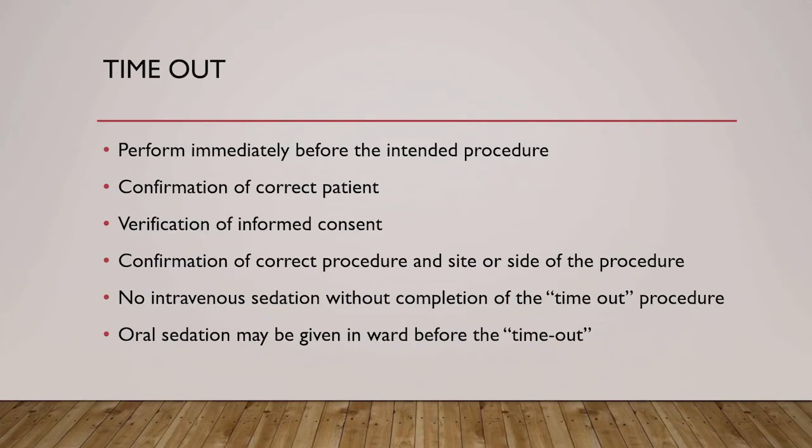So it should be performed immediately before the intended procedure, and we should confirm whether the patient is correct, and also verify the informed consent, and then confirm the correct procedure and the site of the procedure. And there should be no intravenous sedation given without completion of the timeout procedure. And even if it is an oral sedation, the timeout procedure should also be done in the ward.